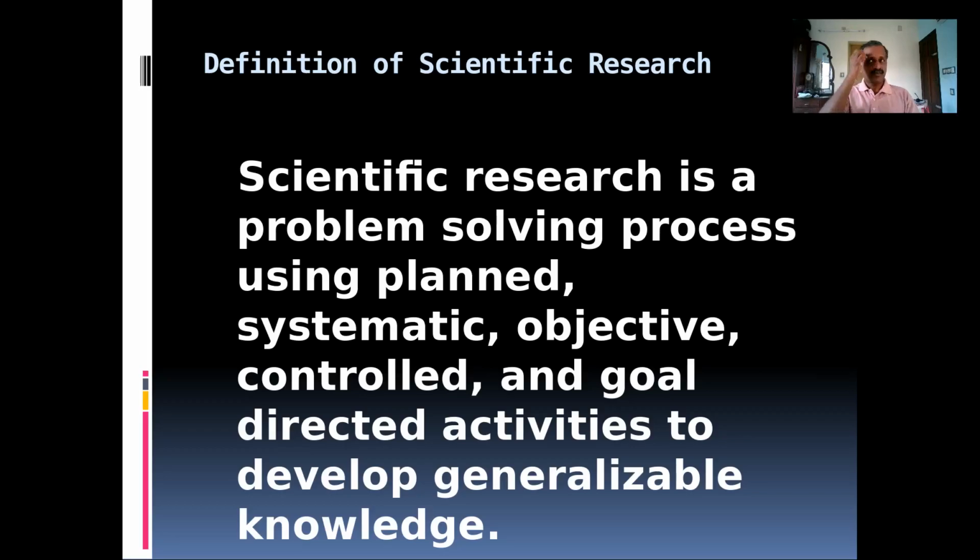For example, you are studying whether there is any role for temperature in learning. So you are increasing and reducing temperature and seeing at what temperature effective learning takes place. Here you are altering temperature. There are two variables. Temperature is one variable.